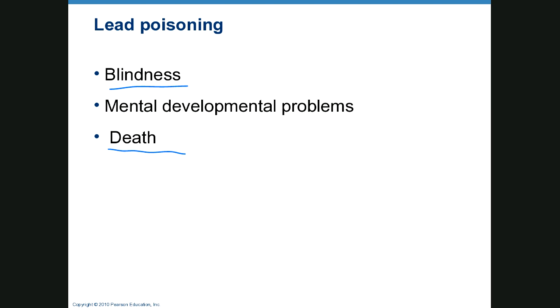And this was the issue I discussed in class about a small town where some of the children that lived in the projects were slow in school. They were developmentally behind. And the state sent in a group of people to test these children's blood for lead.